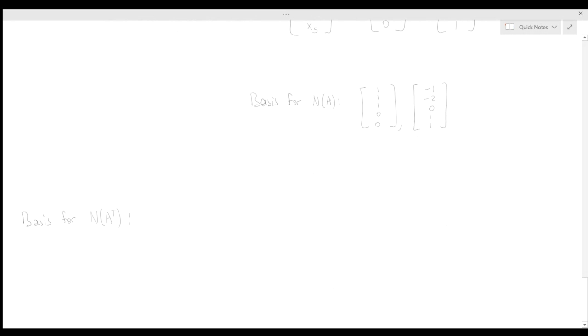Now to get a basis for the left null space, this is the one that always requires a little bit more work than the others. Yeah, it's pretty much the same, yes.